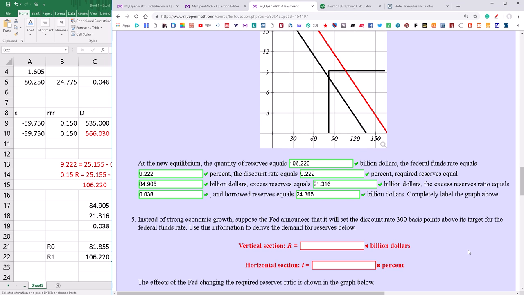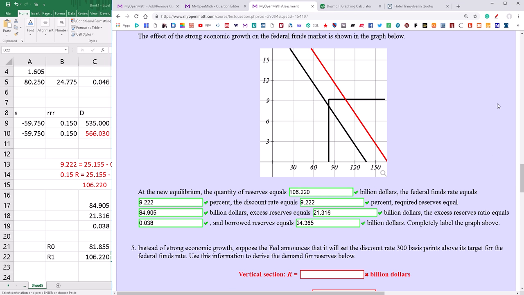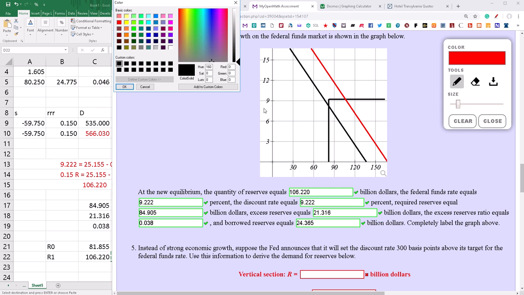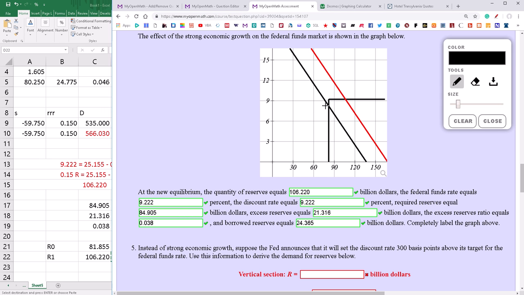Now, what the Fed will probably do in this case, instead of making discount loans, is see that the original federal funds rate was at its target of 8.222, right?